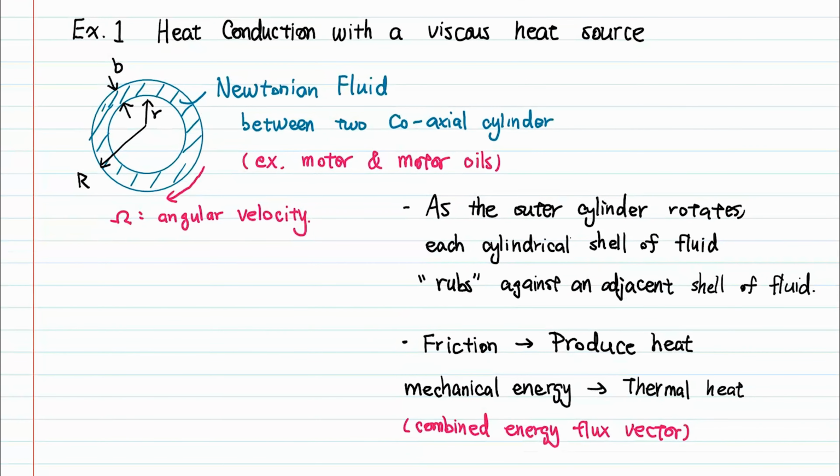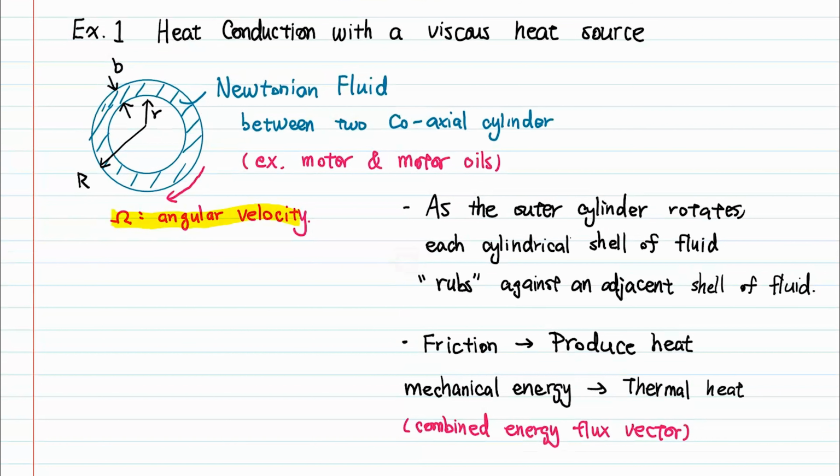So before we go further, let's review what's going on here. When the outer cylinder is rotating at an angular velocity, you can think of each shell of liquid as rubbing against the liquid layer inside.